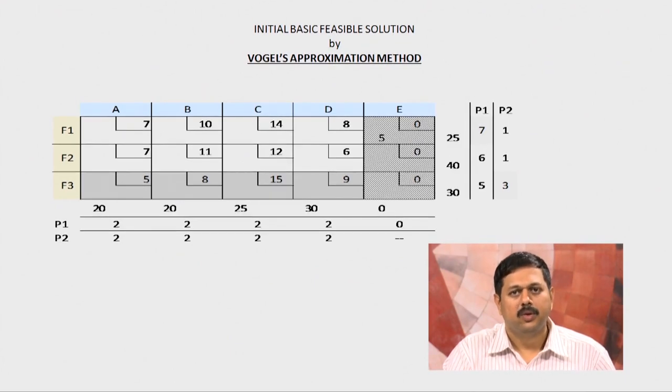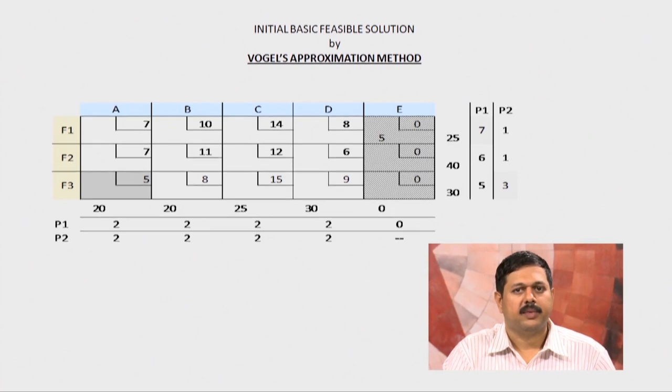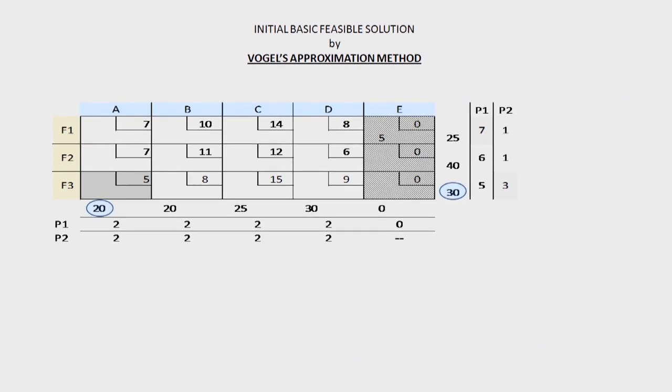Then in F3 row, choose the lowest unit cost of transportation. Note that 0 is already blocked, so choose the least among 5, 8, 15 and 9. Therefore, we choose the cell having 5. Now it is 20 requirements in store A versus 30 availabilities in factory F3.